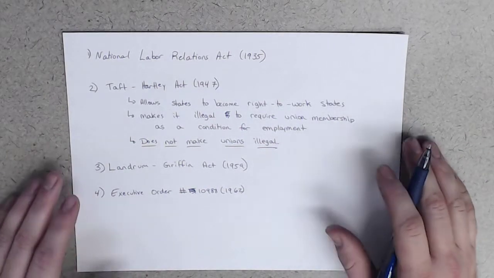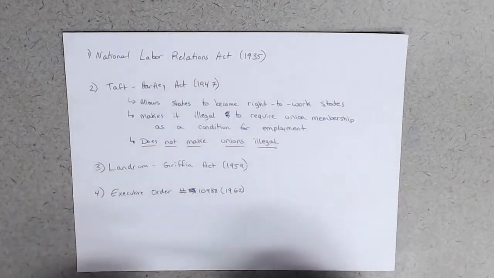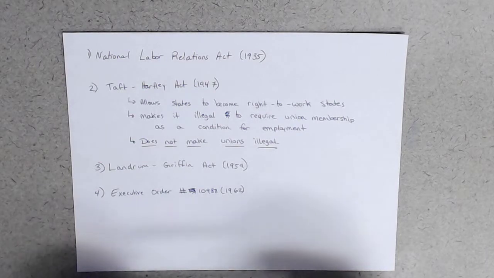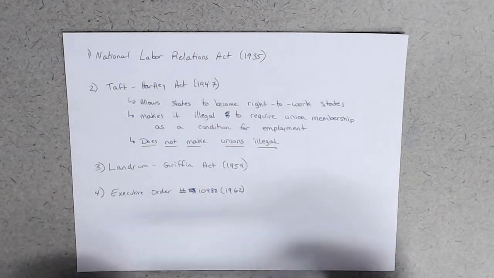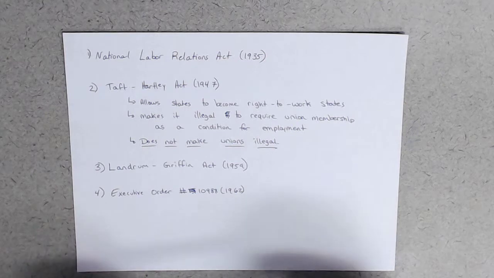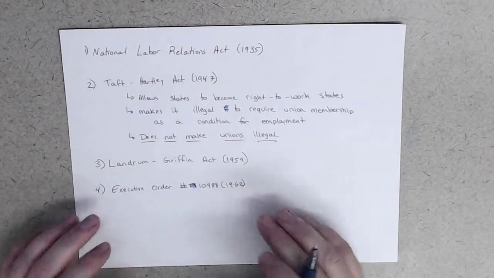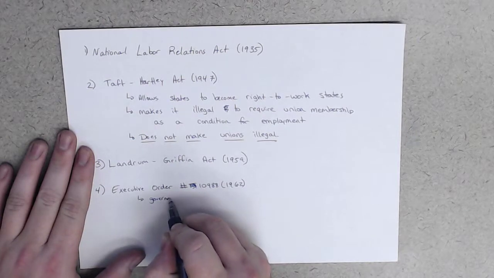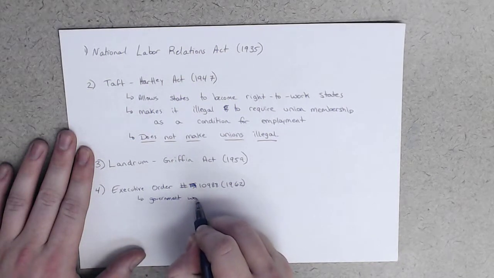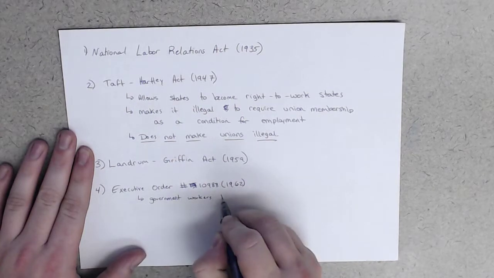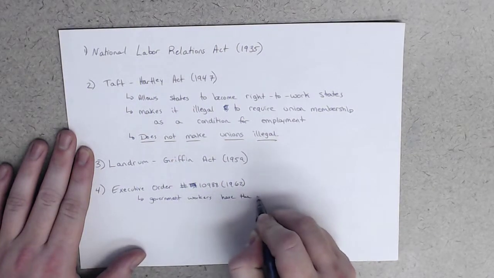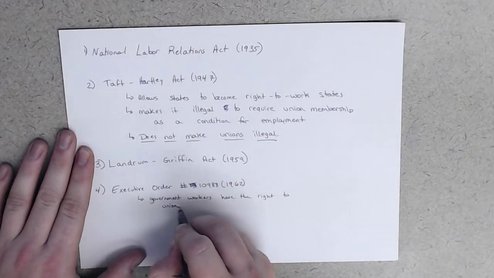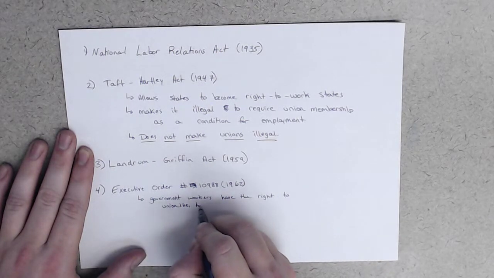Now, it's important to note that the Civil Service Reform Act of 1978 supersedes this order by prohibiting public workers from going on strikes. So this executive order basically says government workers have the right to unionize too.